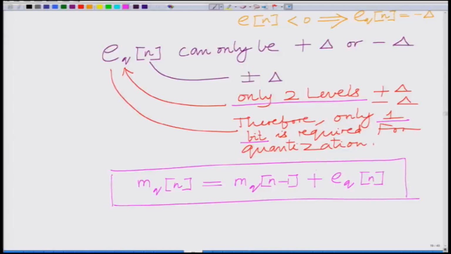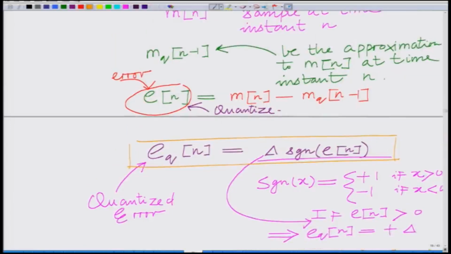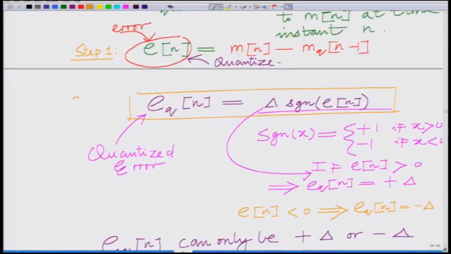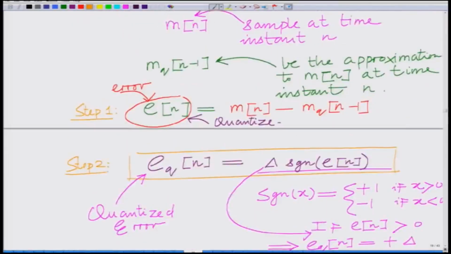So, this is the key step. So, in fact, we can number the steps. This is step 1, we reconstruct the difference. This is step 2, quantize the difference. Okay. So, step 1 is basically the difference, step 2 is basically quantize the difference.